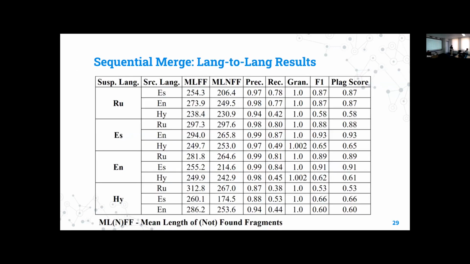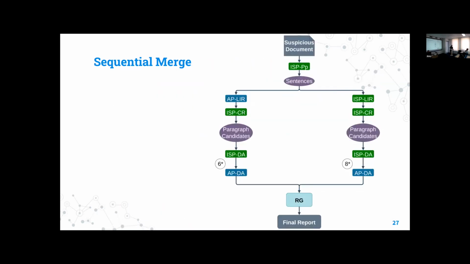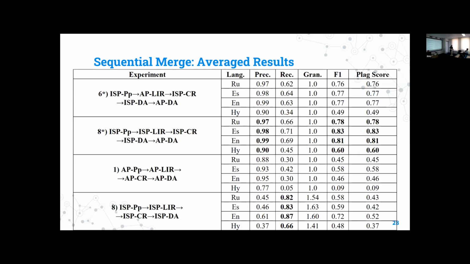We have suspicious documents in these languages, and these are the languages from which the fragments were plagiarized. We can see that for Armenian we have the worst results, but they still surpass the ones from the actual algorithms for big languages like Spanish, English or Russian.